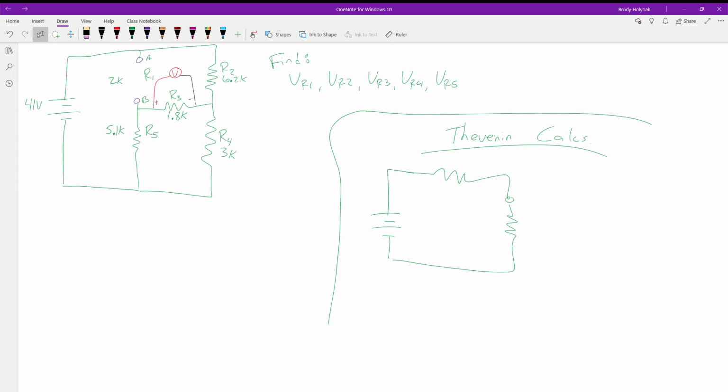Voltage, okay? So the voltage from A to B is going to be what? How do we find it? Yep, we're going to make a loop. So we're going to go from A to B. We're going to be adding both of those.